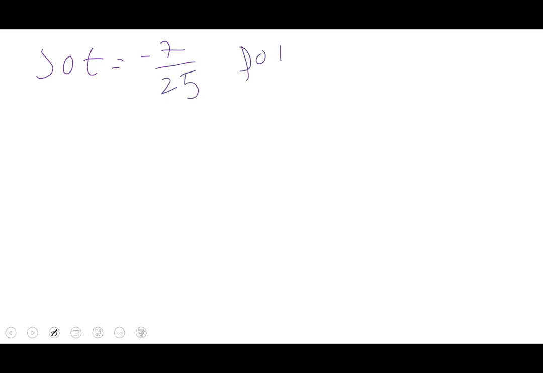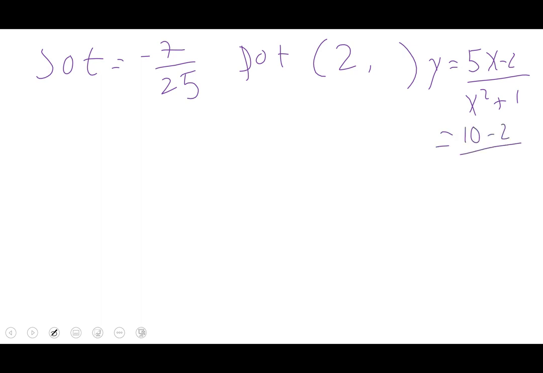The point of tangency, remember, was 2 comma something, and the point of tangency has to come from the original. So the original function was 5x minus 2 over x squared plus 1. If I plug a 2 in, I am going to get 10 minus 2 over 4 plus 1. So that looks like 8/5.